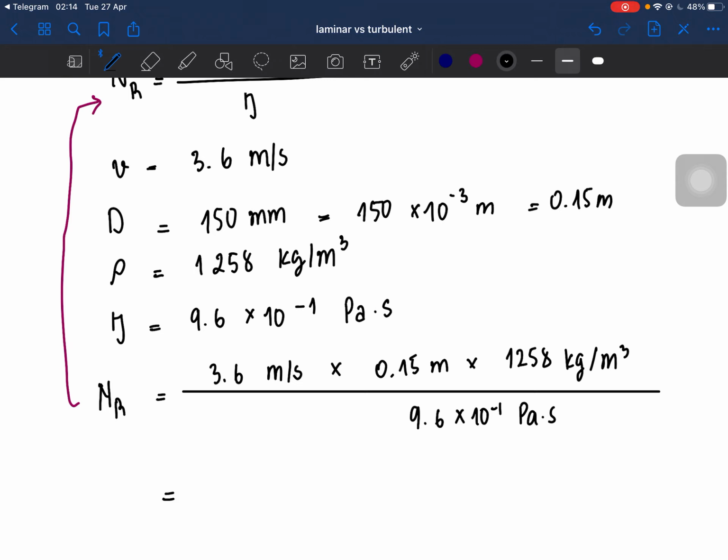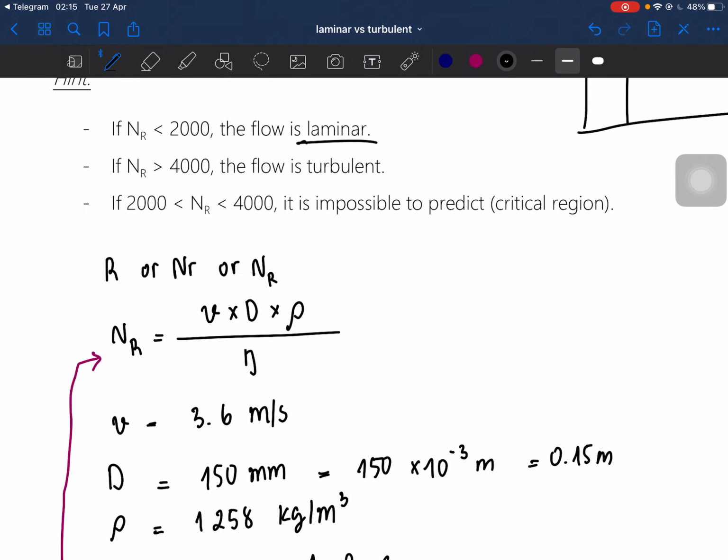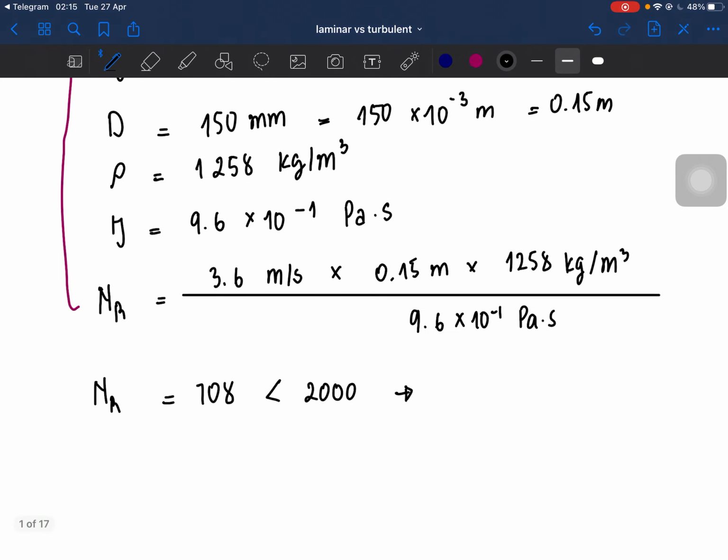Now we have the final value, that is 708. This 708 is the Reynolds number, and you can see that it is less than 2000, which means it is laminar flow. So we can conclude that this is laminar flow.